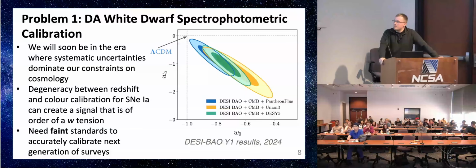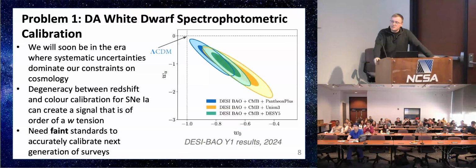So this basically motivates the need for a set of faint standards that are across the whole sky that you can use to calibrate the next generation of surveys. And I'm saying faint because our surveys are now getting deeper and deeper into the sky. So we need something that's faint so it's not saturating our camera straight away.